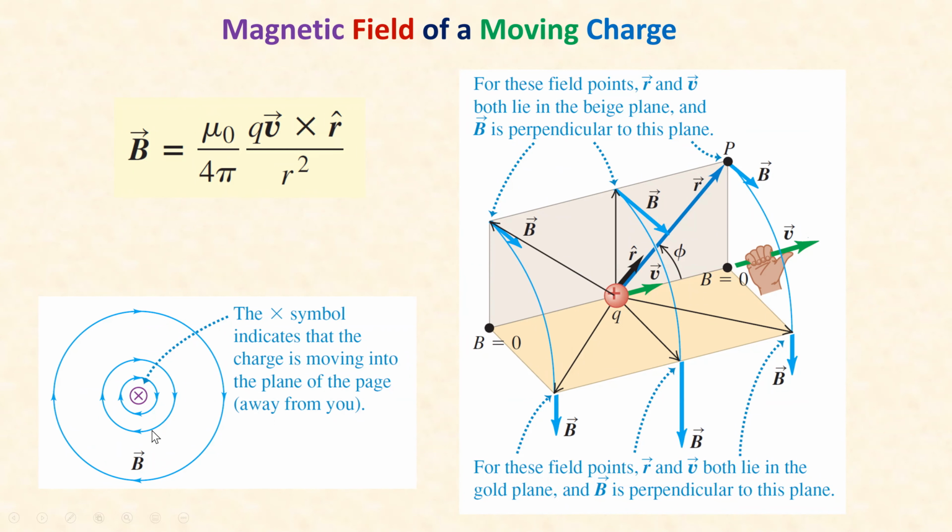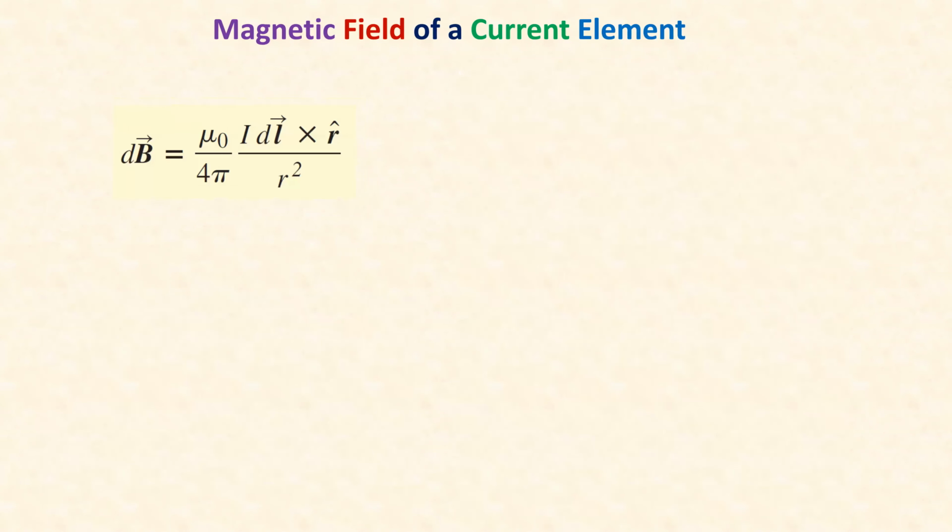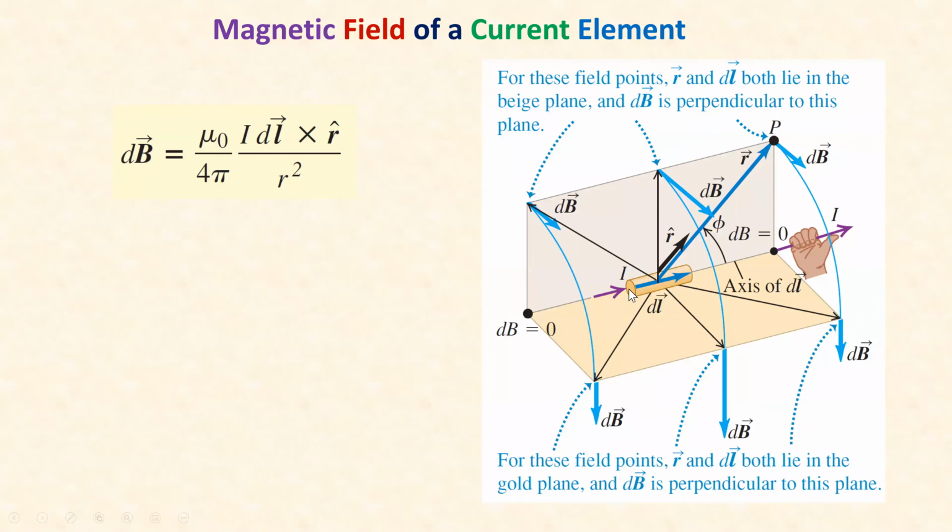Then we said that a current element, an element dL of a wire that has a current I passing through it, creates a magnetic field that's exactly similar to the magnetic field of a moving charge, by just replacing QV by IdL.